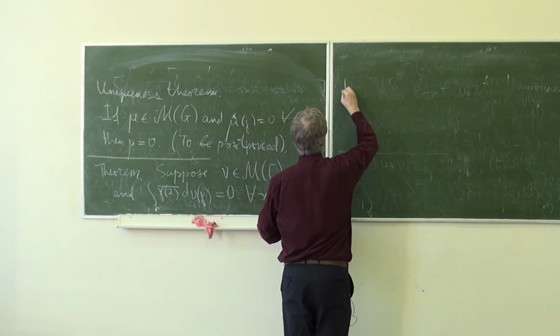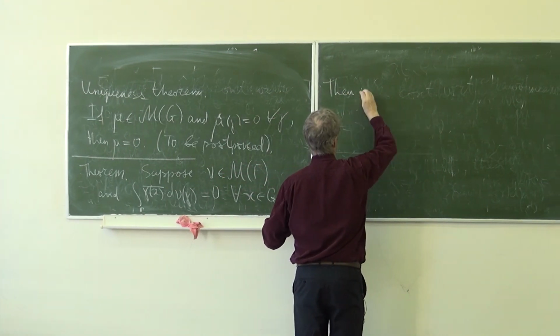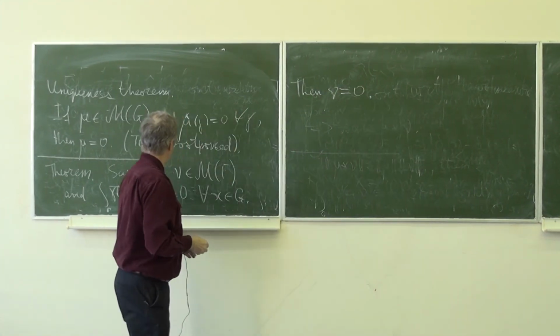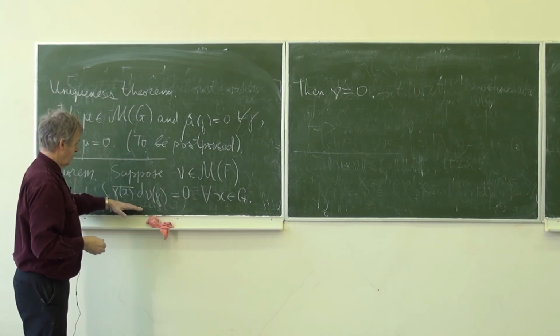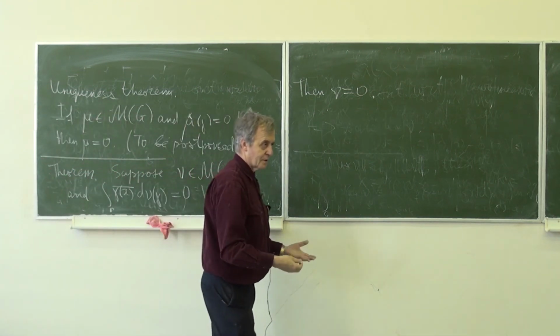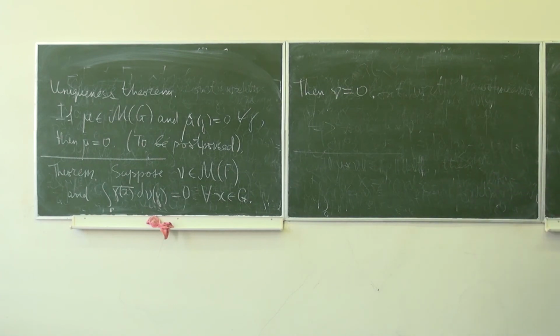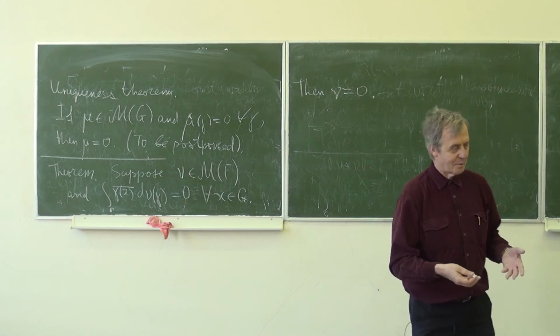Then nu is a zero measure. So I cannot prove for the moment this statement, but I can prove this counterpart of the statement for the dual group. After we will see that it also extends to the original group, but not quite immediately.